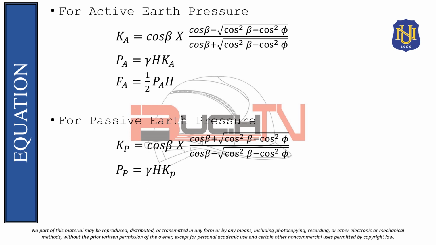Then, the passive earth pressure is equivalent to gamma H times the passive earth pressure coefficient K sub P, resulting in the passive earth force, which is 1/2 times the passive pressure times H, or simply 1/2 gamma H squared K sub P.